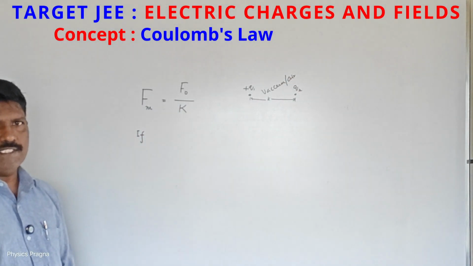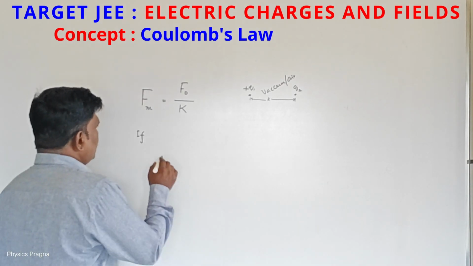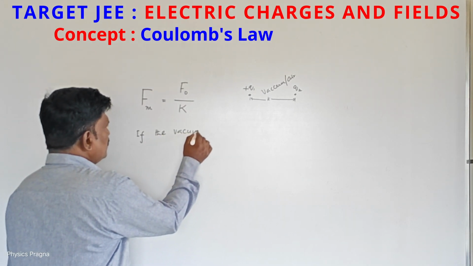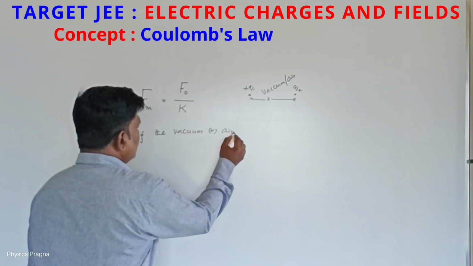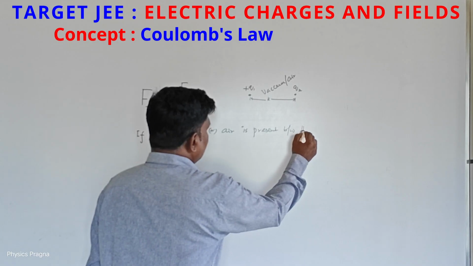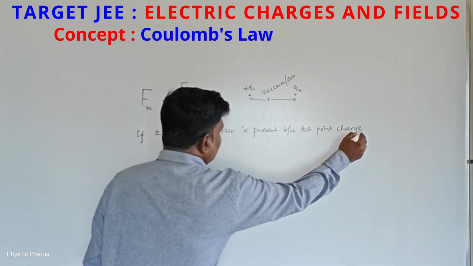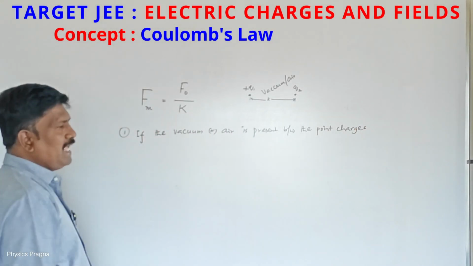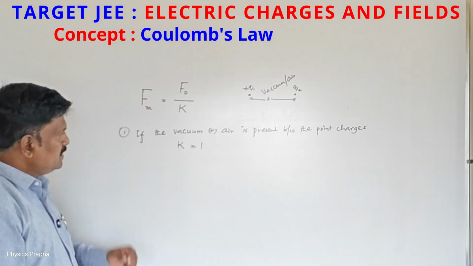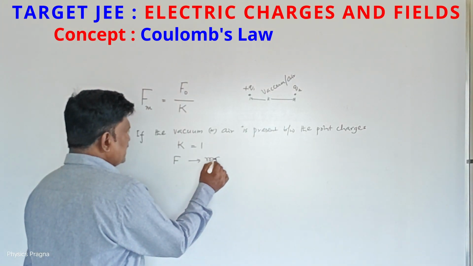If I place two charges q1 and q2 in vacuum or air, the force between them, if vacuum or air is present between the point charges, for air and vacuum, the k value is 1. In that case, the F value is maximum.